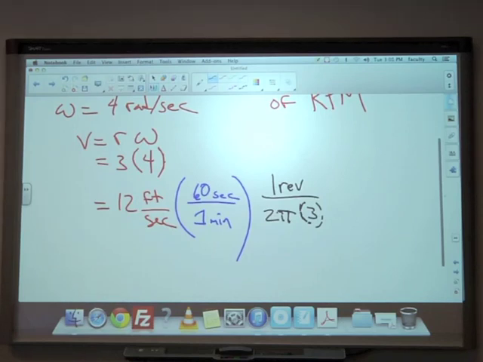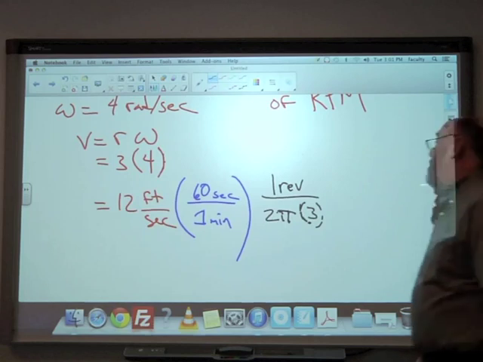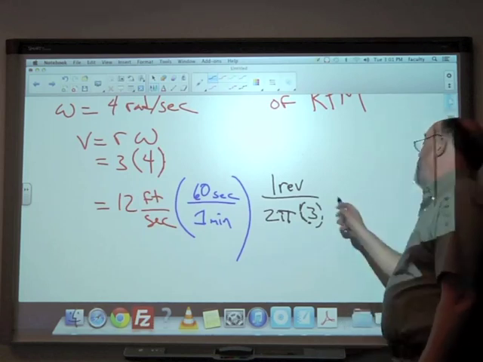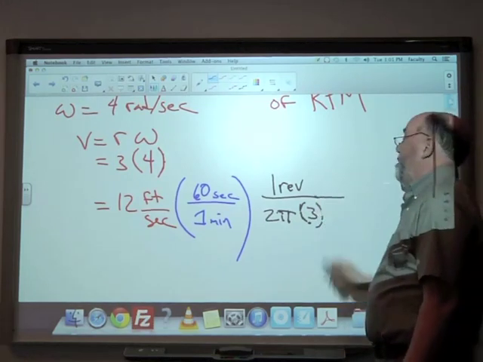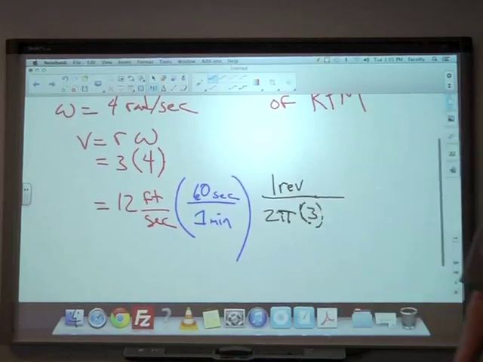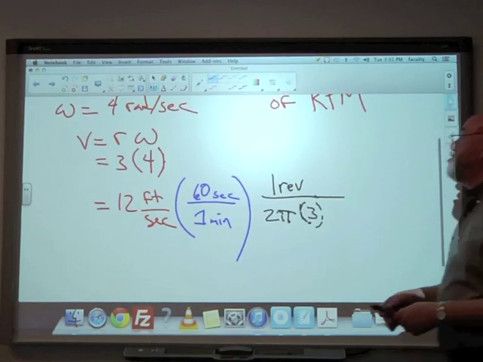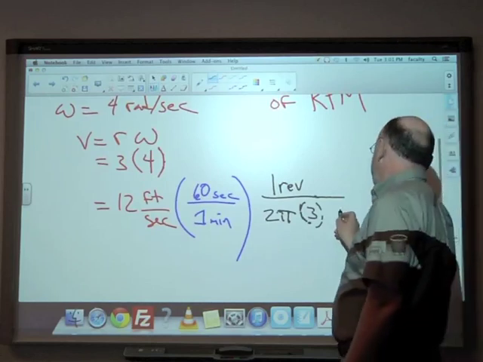So we got rid of the seconds. The 60 we're going to multiply by. The units here are going to be in feet.